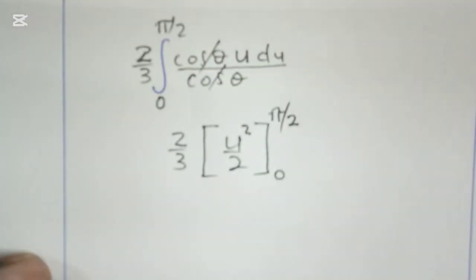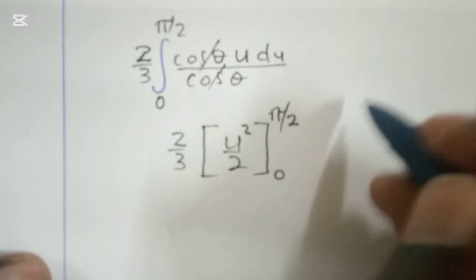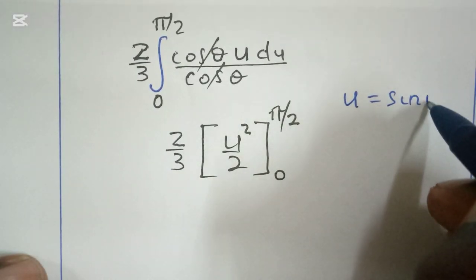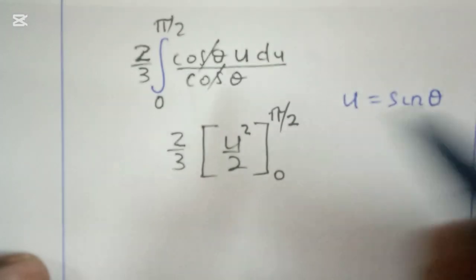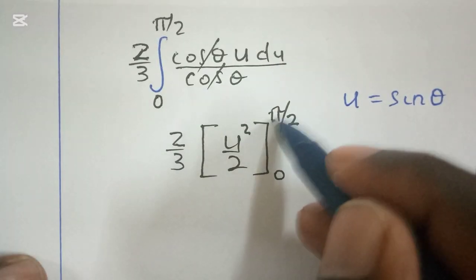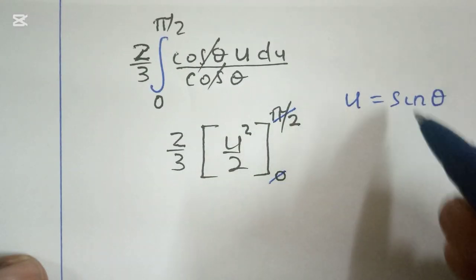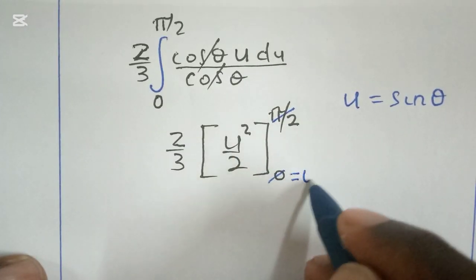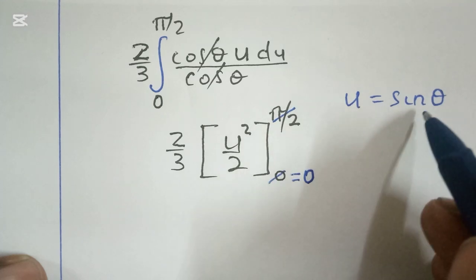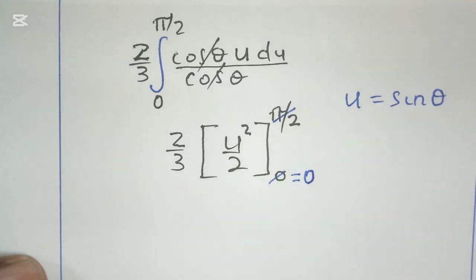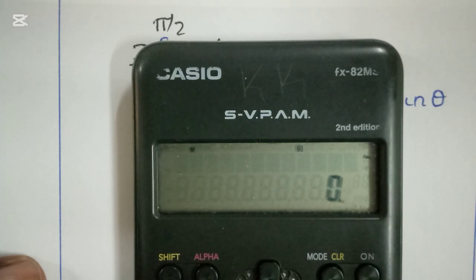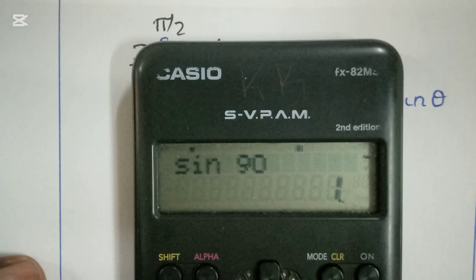But we know that u is equal to sine theta. So we can change this and write for theta equals 0. This one will still give us 0, that is sine 0. For sine pi over 2, sine 90 gives us 1.